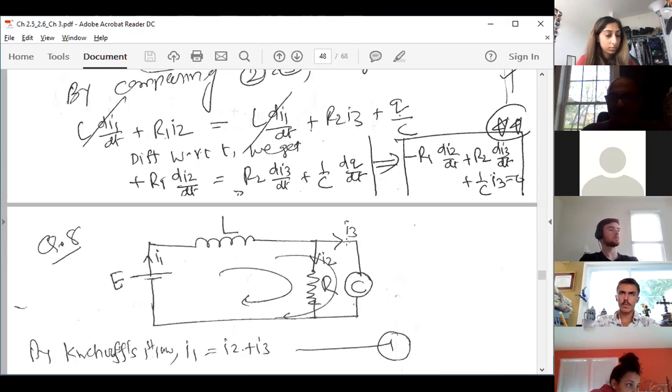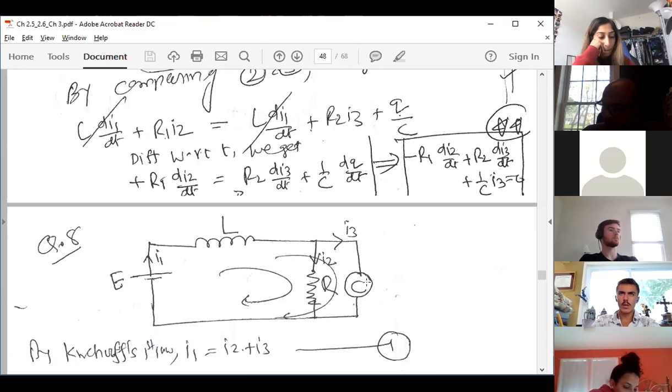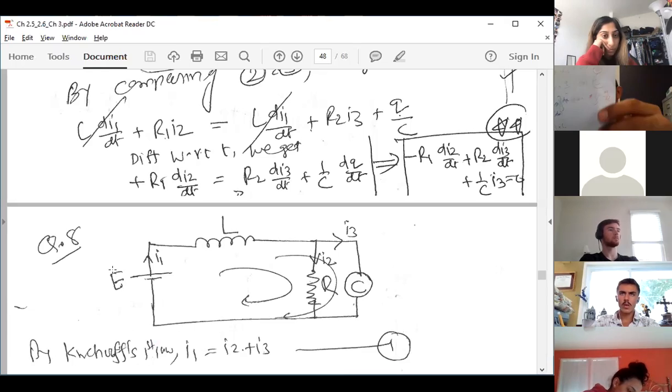Then it goes over here, passes through C. So I would say Q over C, where I equal to dq by dt. But it's not I, it is I3. So I would say I3 equal to dq by dt. And then after it goes to the battery, so that is equal to E(t). So this way I have 3 equations. Look at here. This way I have 3 equations.